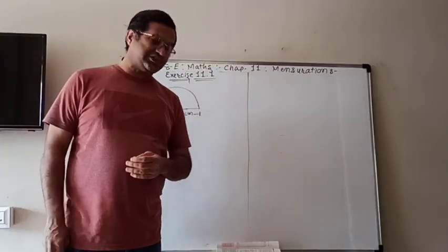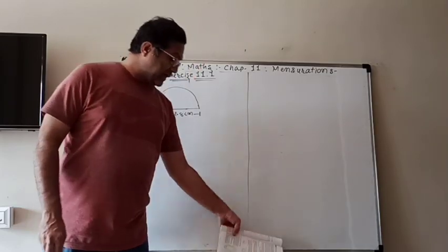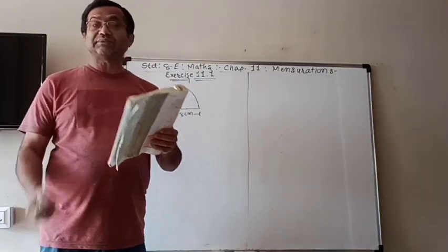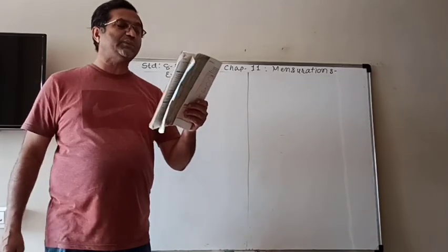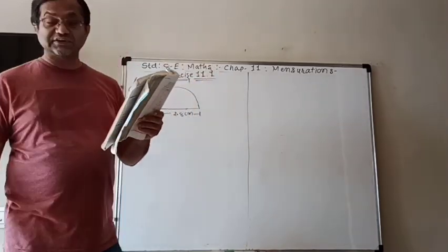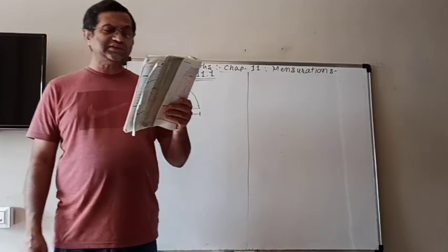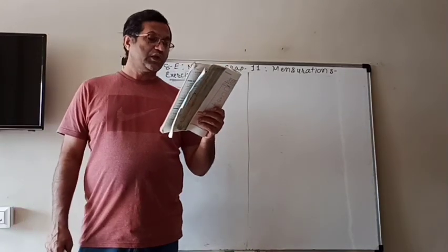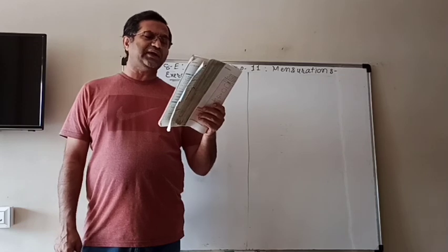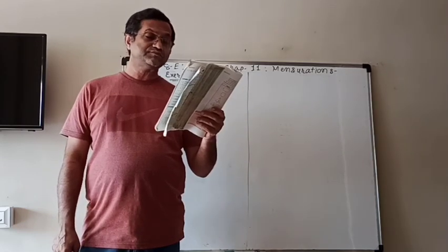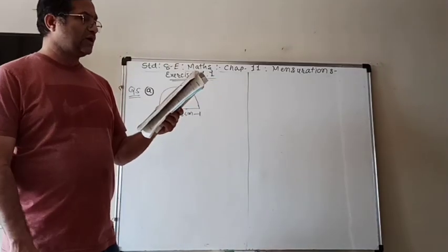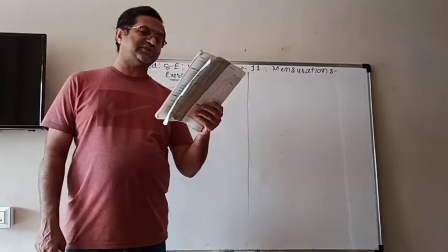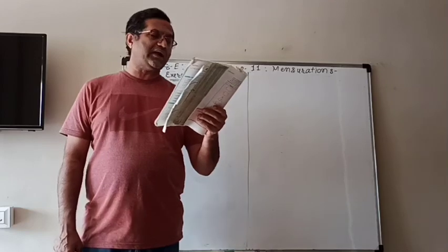Now in the fifth question, an ant is moving around a few food pieces of different shapes scattered on the floor, for which food piece would the ant have to take a longer round? Remember, circumference of the circle can be obtained by using the expression C is equal to 2 pi r.